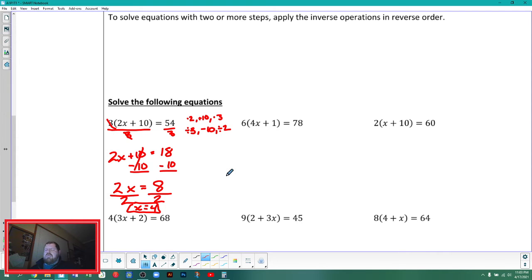Now, I would say probably a little more commonly when we see these problems, because of what we have to do in other scenarios, I'll often see students that decide to distribute first. And that's okay. That's totally fine.